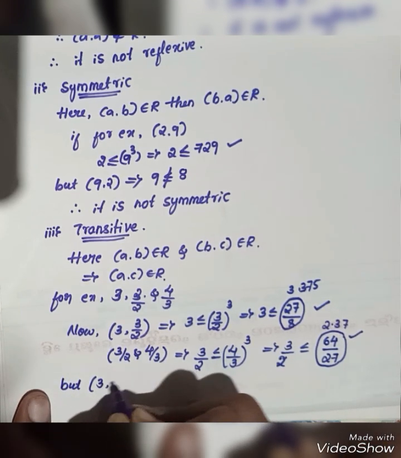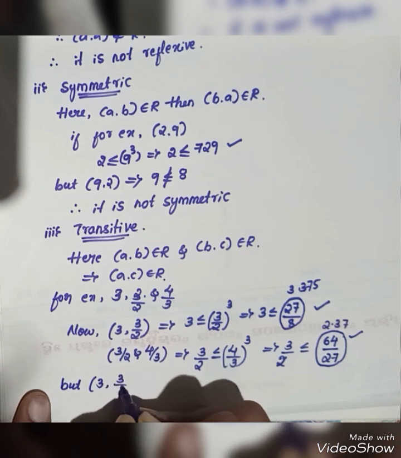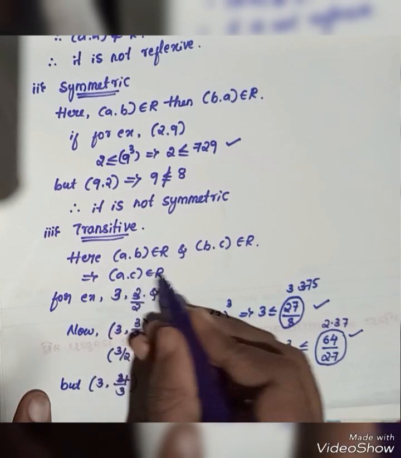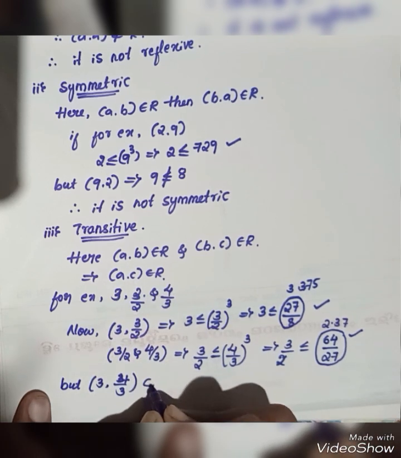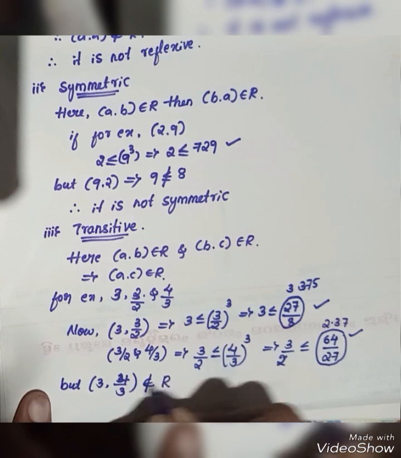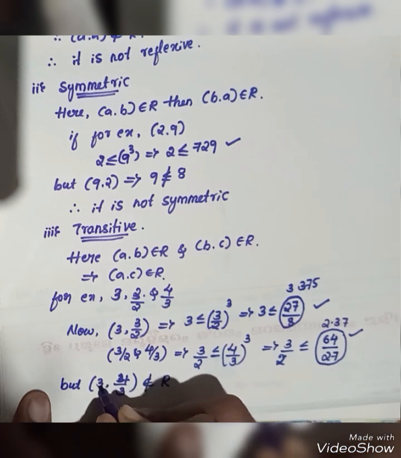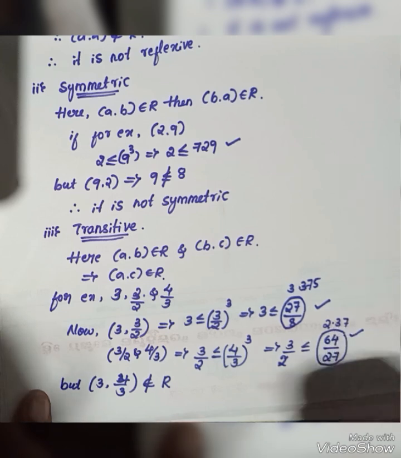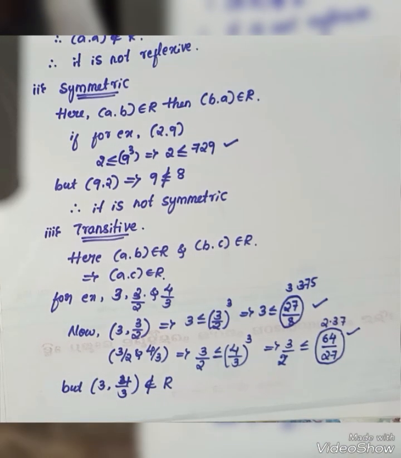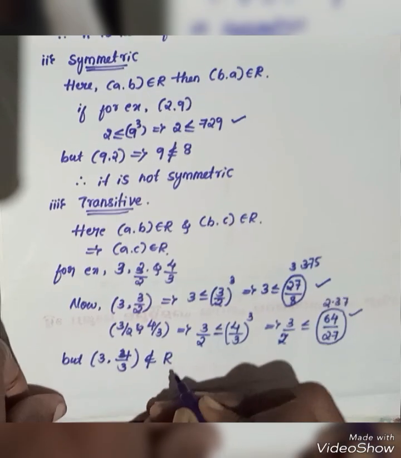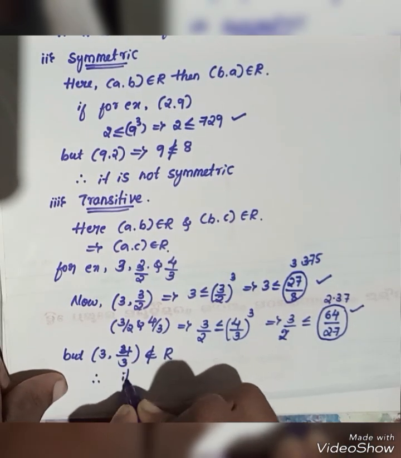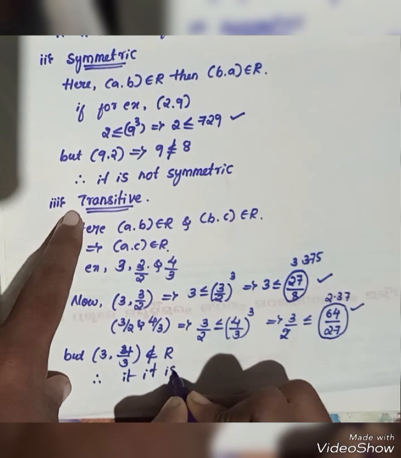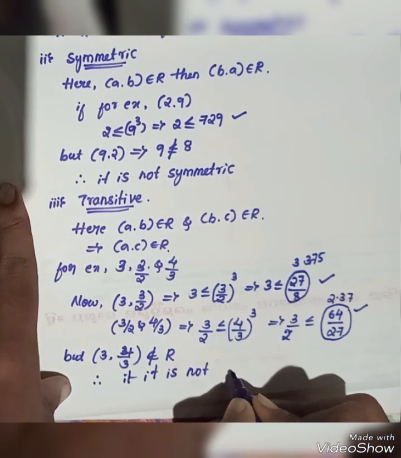But for (3, 4 by 3), because the first one is related to 3, it does not belong to R. The 3 value becomes 3, and the 4 by 3 value becomes 2.37. 2.37 is not equal to 3, it is lesser. Therefore, it is not transitive.